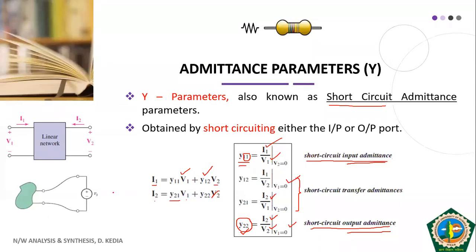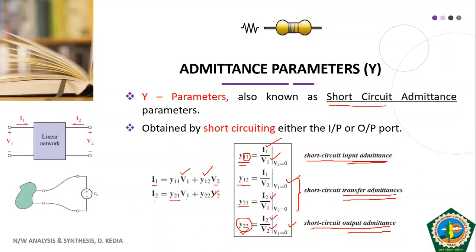And wherever we have both input and output involved, we call those parameters transfer admittance parameters. So you can see here Y12 means 1 and 2 both are involved. Y21 means I2 and V1, that is output and input both are involved.